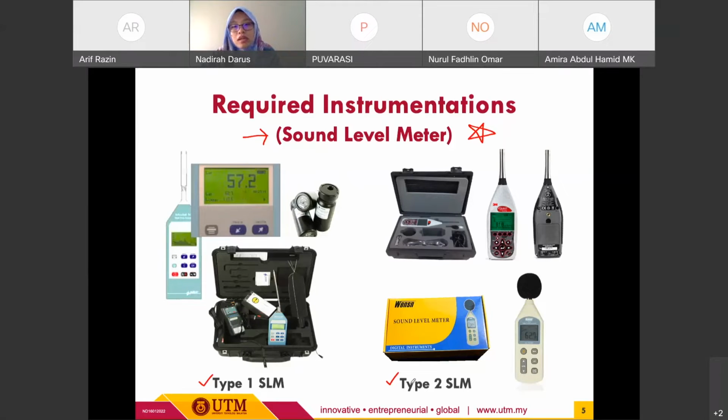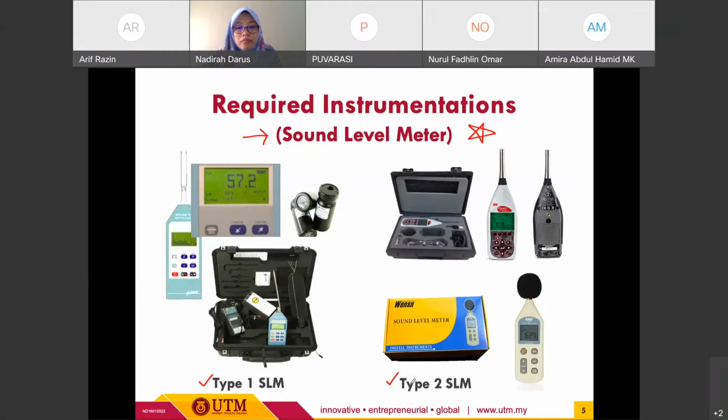So these types are the main category ataupun jenis lah for the sound level meter itself, for the purpose of construction noise measurement ataupun the other type of noise measurement, contohnya traffic noise measurement, occupational noise measurement, and so on.